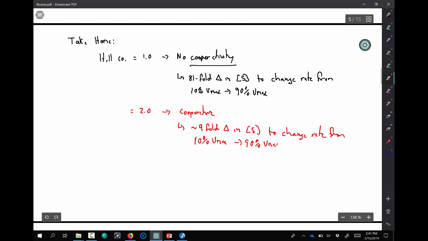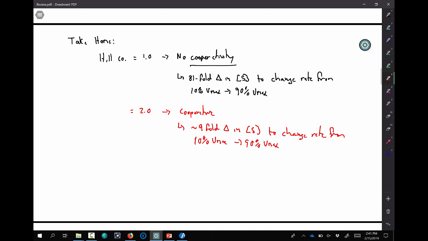And as your Hill coefficient goes up, the amount of change in substrate concentration that you need to go from 10% to 90% goes down. I think at a Hill coefficient of 4, it's like a 4-fold change. So the cooperative enzyme becomes more and more sensitive to smaller changes in substrate concentration. More cooperative.